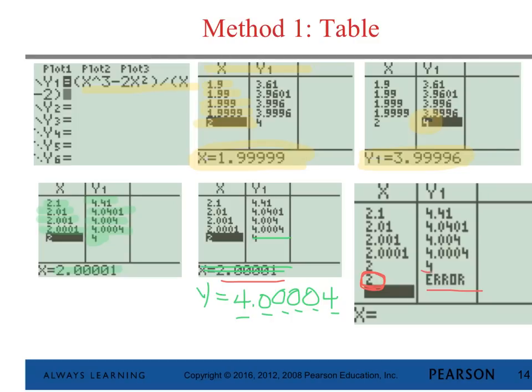Even though it sort of implied that it was 4, that was because this wasn't really 2. It was 2.0001. So just be aware of that.